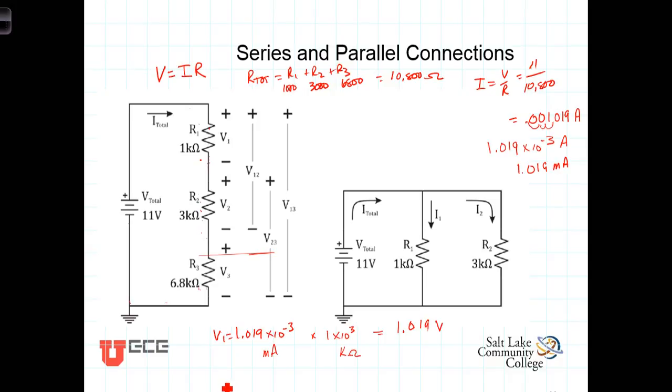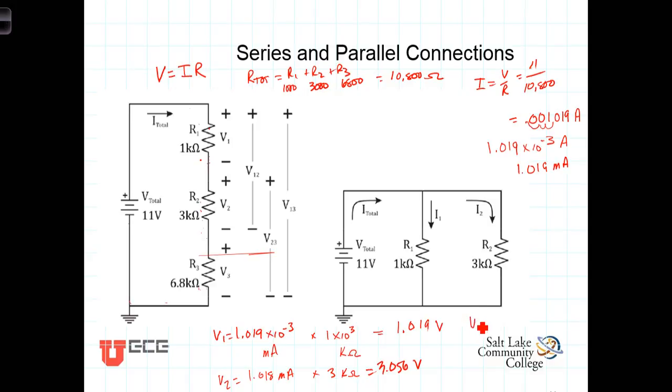Similarly, we can calculate V2. V2 is equal to this 1.018 milliamps times V2 is the voltage across R2, which is 3 kiloohms. So 3 times 1.018 is 3.056 volts.